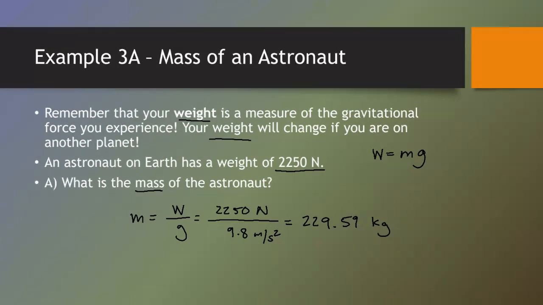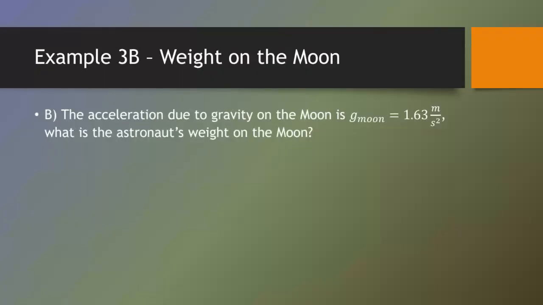Now that we know the mass of this astronaut, that mass won't change no matter where the astronaut goes. So we can now calculate the astronaut's weight on the moon. We're just going to call it the weight on the moon.